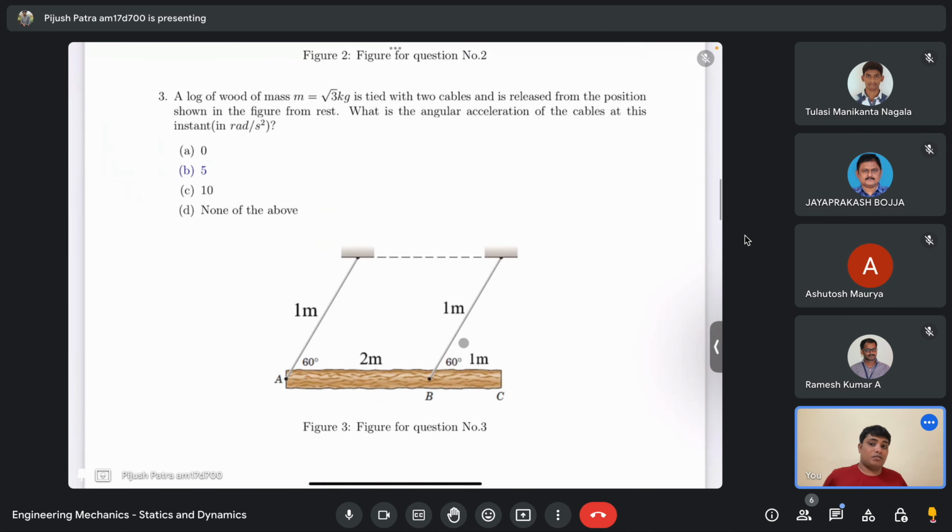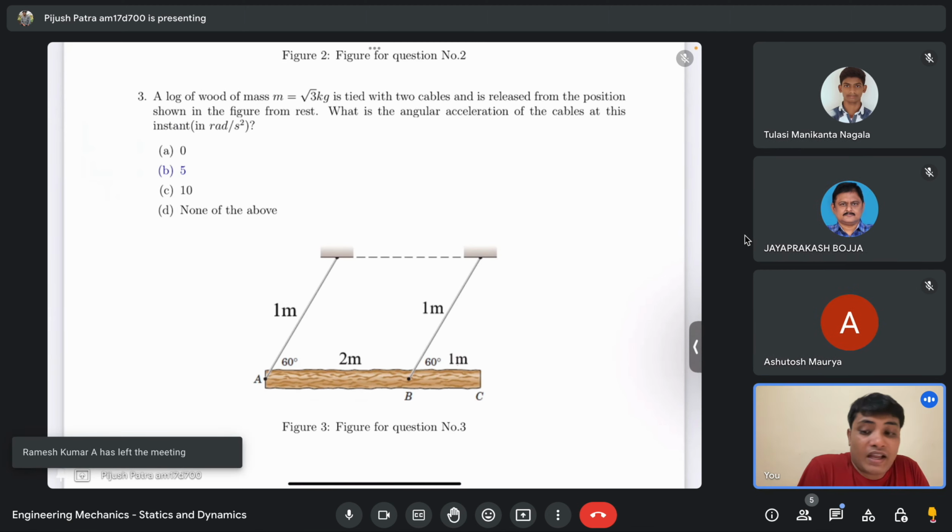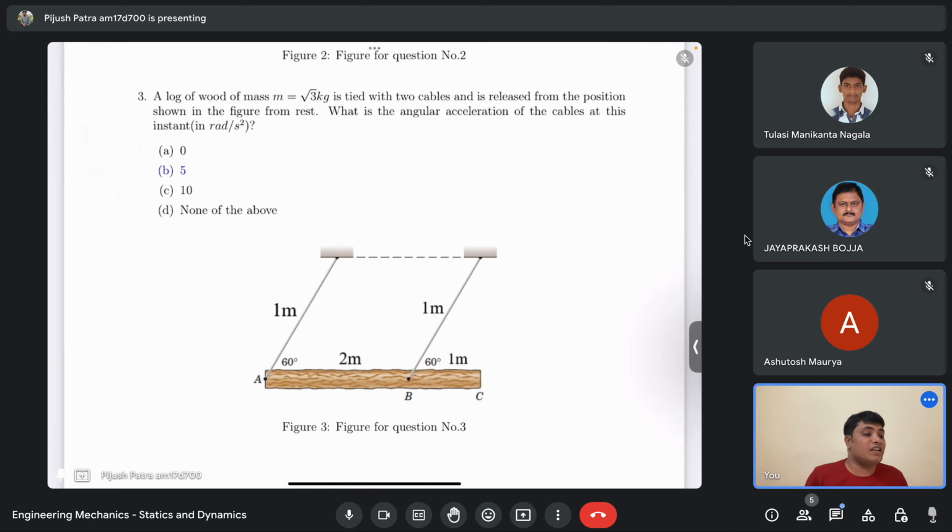Now this problem: a log of wood of mass m equal to root 3 kg is tied with two cables and is released from rest from the position shown in the figure. What is the angular acceleration of the cables at this instant in radian per second square?